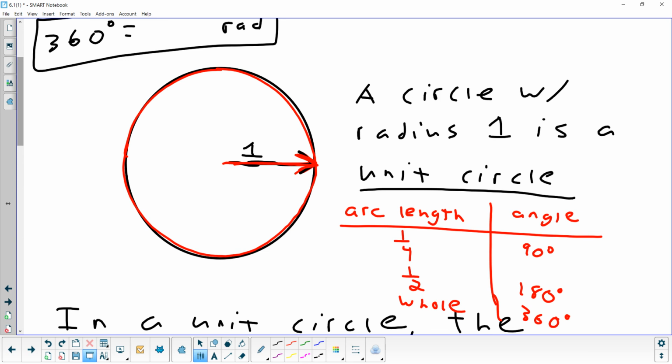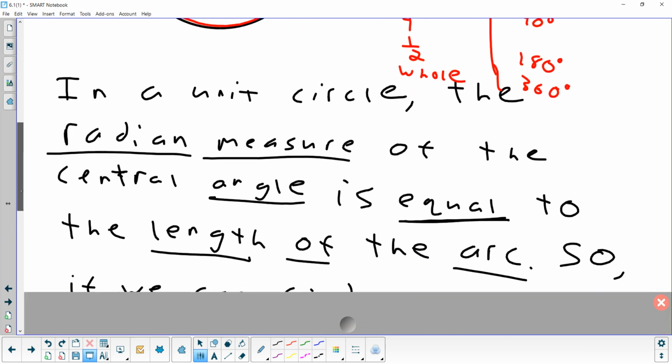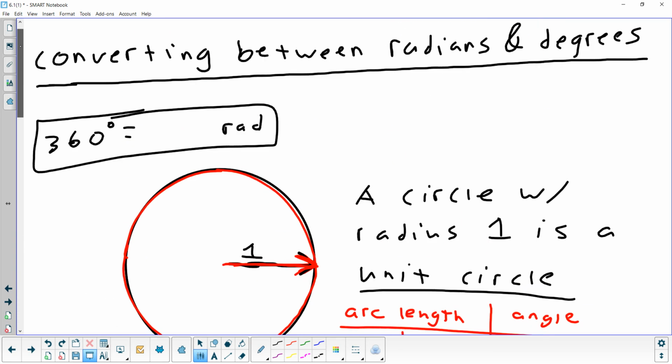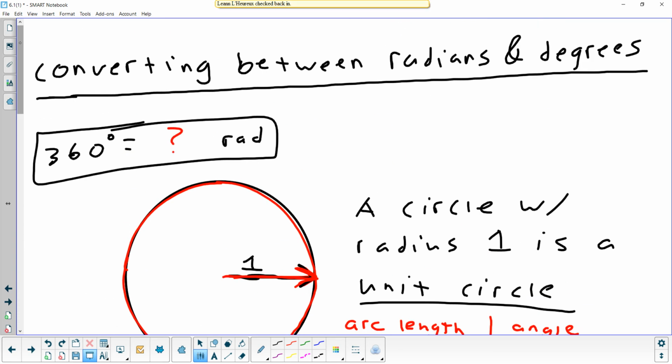Now, we just said down here that if you measure the angle in radians to go all the way around the circle, it will be the same as the length of the arc. So to figure out this number right here, there's 2 ways you can do it. Either you already know how many radians in 360 degrees, or if you don't, you can find something that it's the same as.